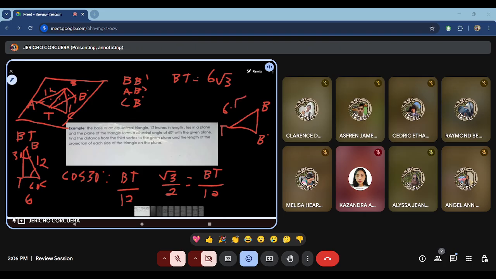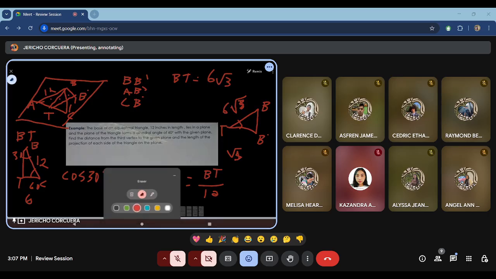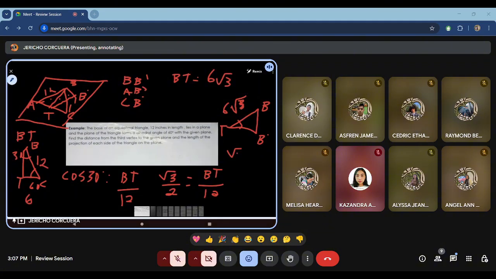This is 60 degrees, so sine 60, which is square root of 3 over 2 again, is equal to BB prime over 6 square root of 3.